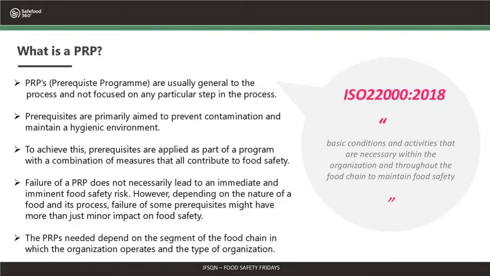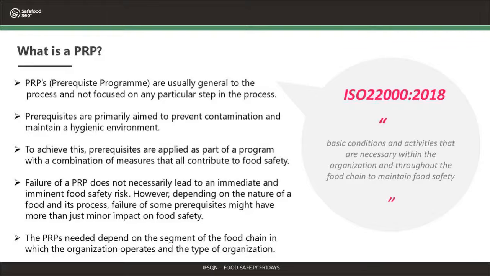So how does ISO define a PRP? A PRP is basic conditions and activities that are necessary within the organization and throughout the food safety chain to maintain food safety. Prerequisites are primarily aimed at preventing contamination and maintaining a hygienic environment.